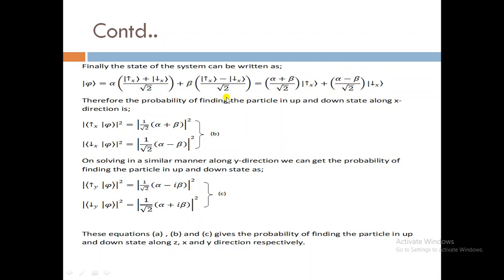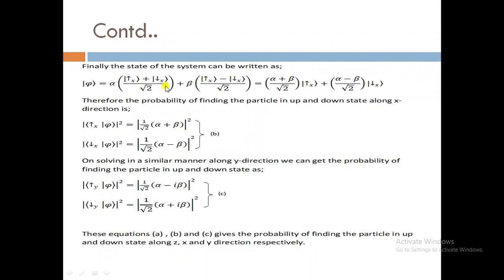From this first term we have taken |↑x⟩ common, and from the later term we can take |↓x⟩ common. So here would be α/√2 |↓x⟩, and here would be minus β/√2 |↓x⟩.